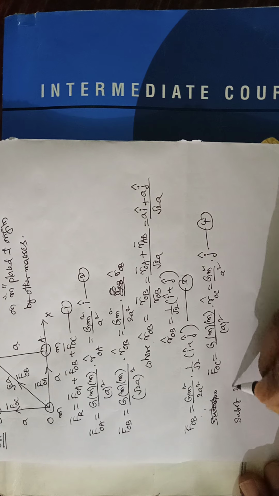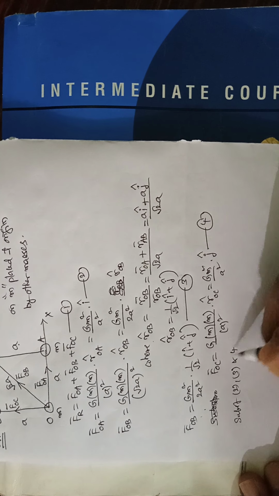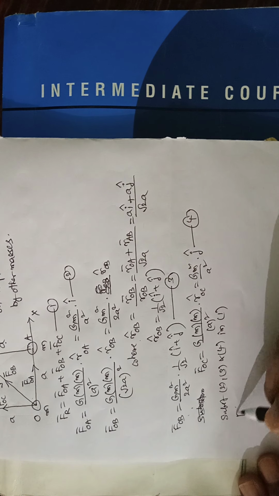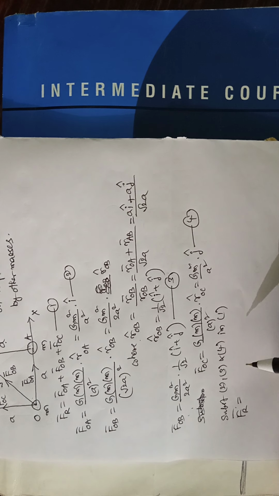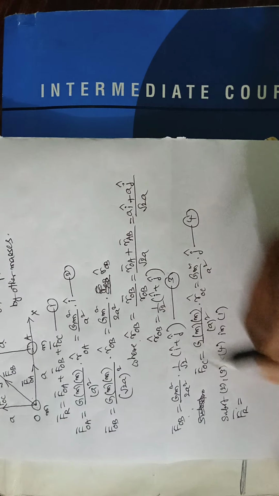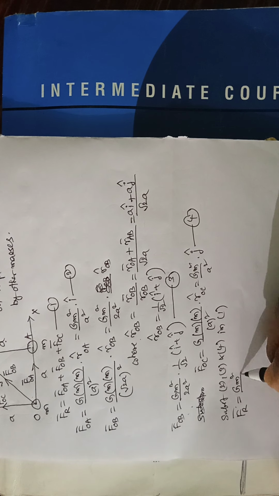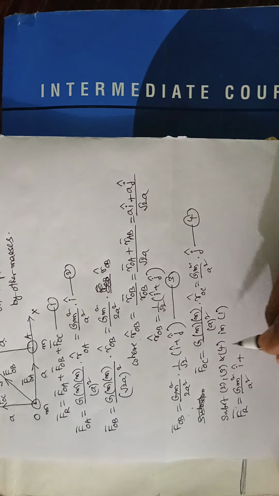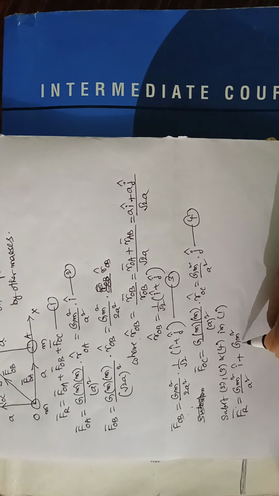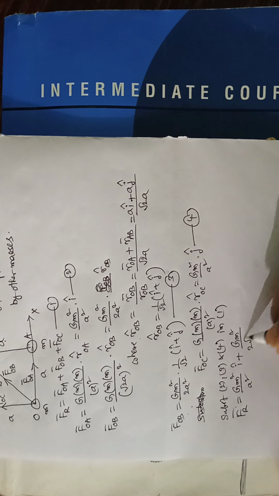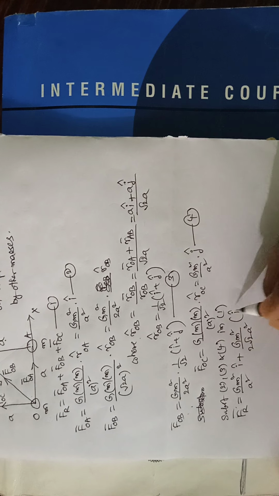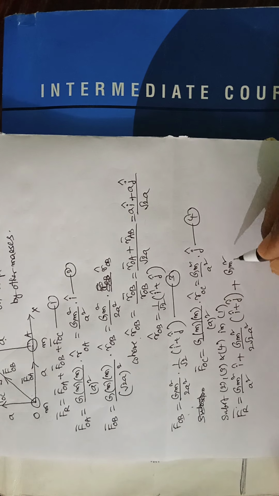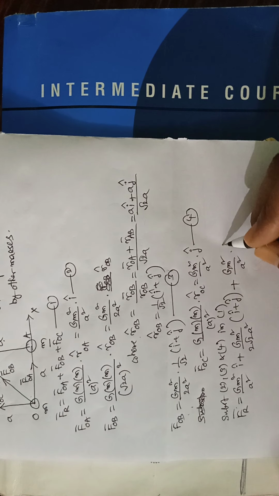FR is equal to FOA, GM square by A square I, plus FOB, GM square by 2 root 2 A square (I plus J), plus FOC, GM square by A square J.